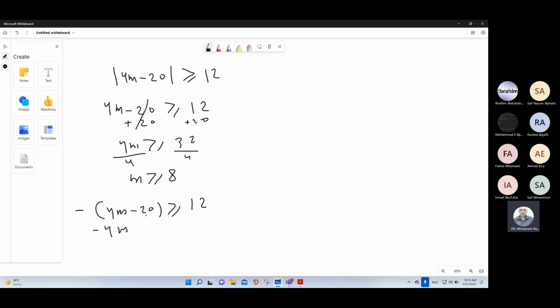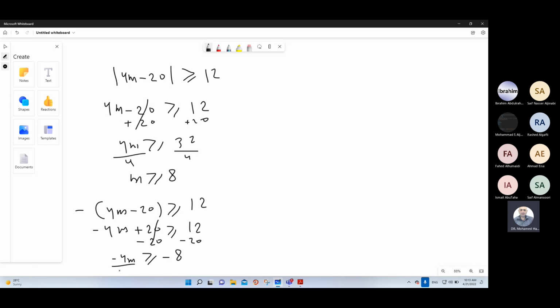Minus times minus 20 will be positive 20, greater than or equal to 12. Then we can remove the 20 from here, minus 20 here, minus 20 here. Here will be 0, and here minus 4m greater than or equal to 12 minus 20, which is minus 8.